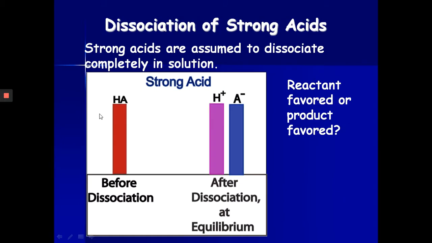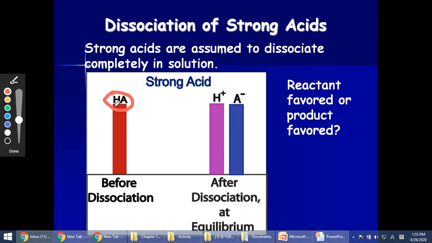Here is the dissociation of a strong acid. Take a look at how strong acids work. This is before the dissociation. The form I'm going to be using is HA: H for the hydrogen and A for any kind of anion. It doesn't matter what it is. In the beginning, they're stuck together. Now, after the dissociation and equilibrium, the hydrogen and anion get separated. Here is the hydrogen, positively charged, separated from the anion.